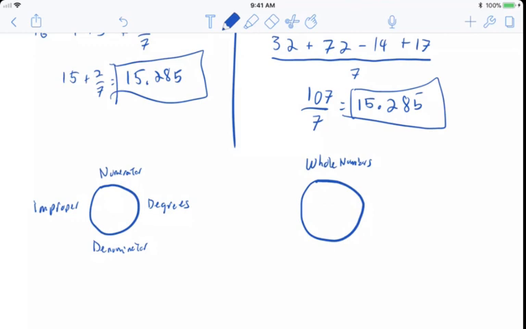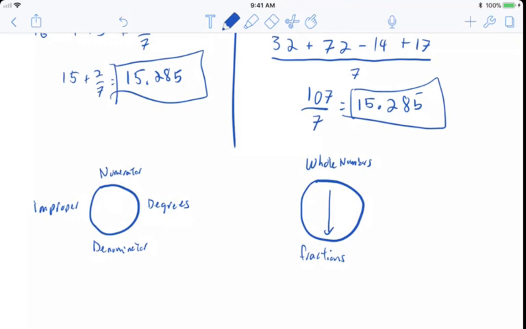Contrast that to fractions. Fractions are different than whole numbers because they're whole numbers that are divided into smaller pieces. And so fractions have a lot of similar properties to whole numbers, but they have additional properties on their own.